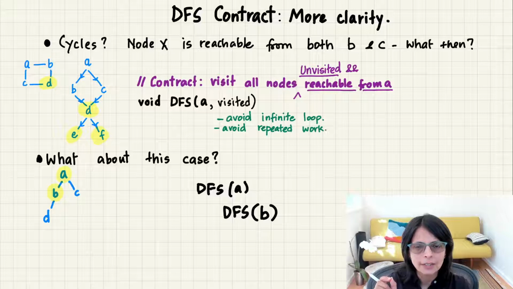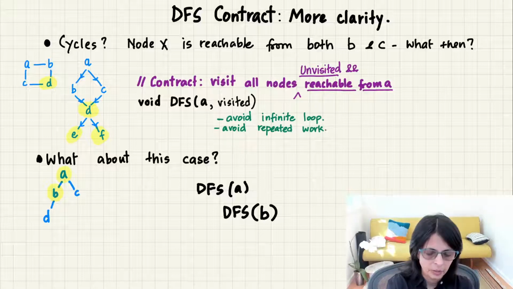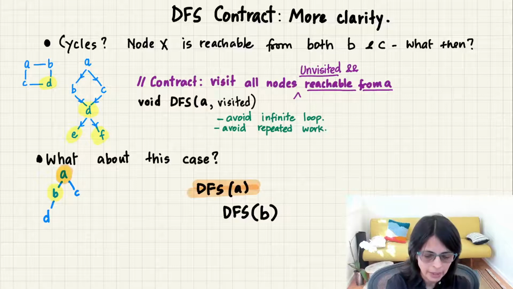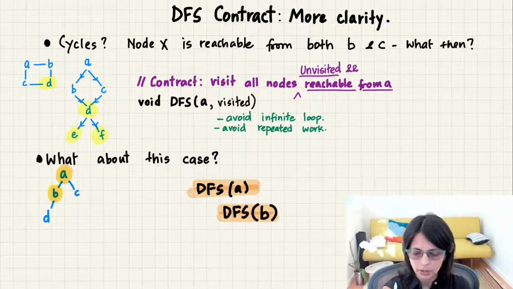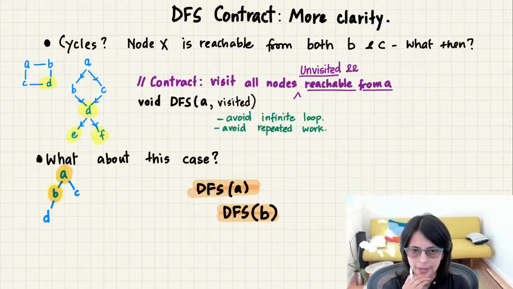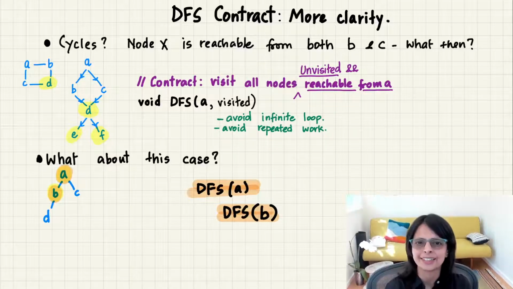A tiny bit more nitpicking here. Look at the case down below, where you have this node A. Let's say you did depth first search on A, and that calls depth first search on B. At this moment, when depth first search on B has been called, if you look at node C, it is both unvisited and reachable from B. There is a path from B to C. But depth first search of B is not going to explore C. So I guess our contract is not entirely correct, is it?